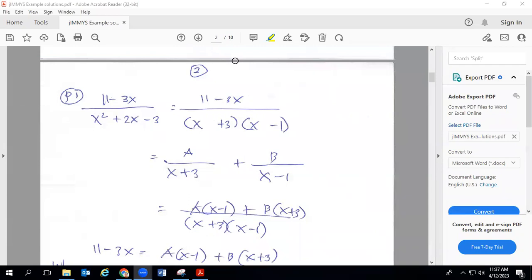To combine this, you have this as your least common denominator. It's just simply cross multiplication. x minus 1 times A, you have this one. x plus 3 times B, you have this one. Just copy this one and put it here.